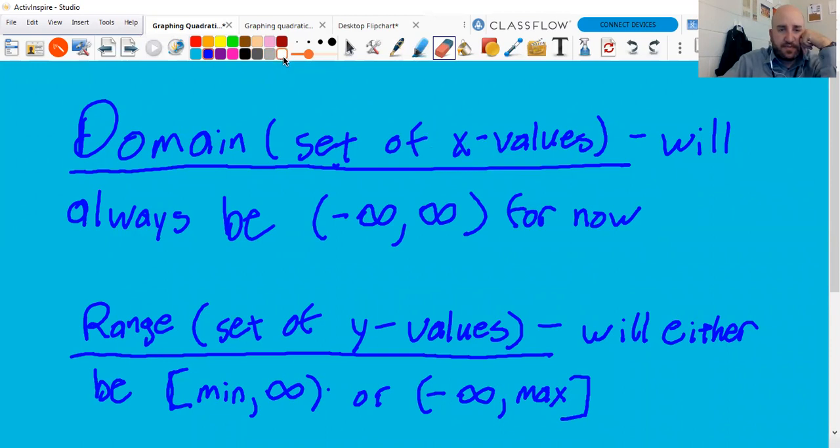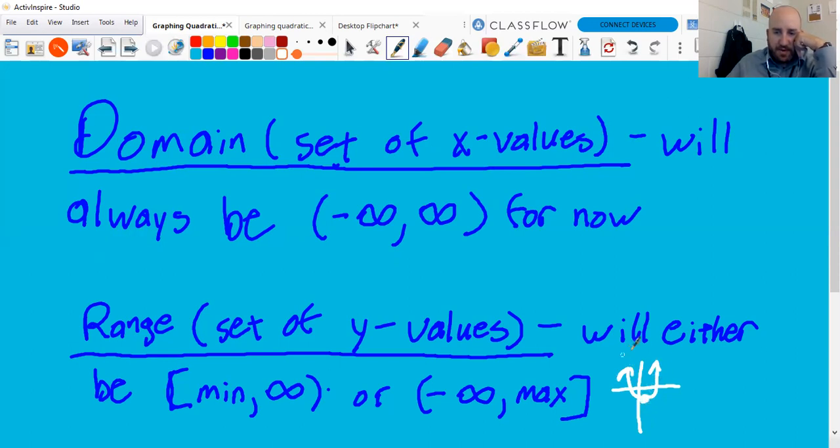Let me draw a couple examples for those real quick, because I did them on the board in class. Again, if I just sketched out a parabola here, we'll say my vertex is right there. I know it's pretty close to the axis.